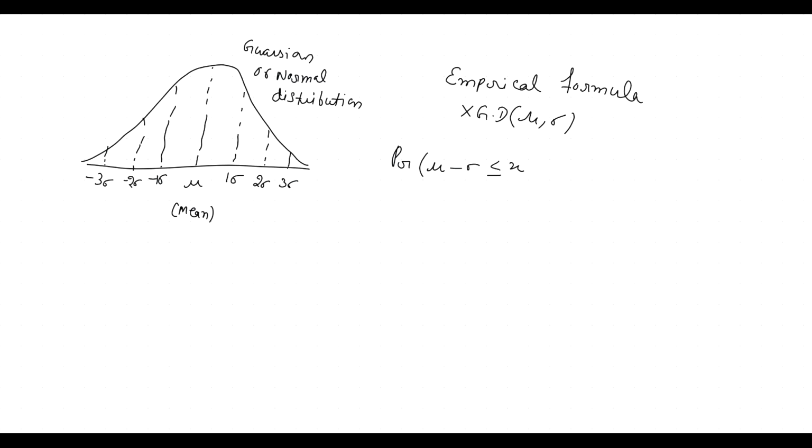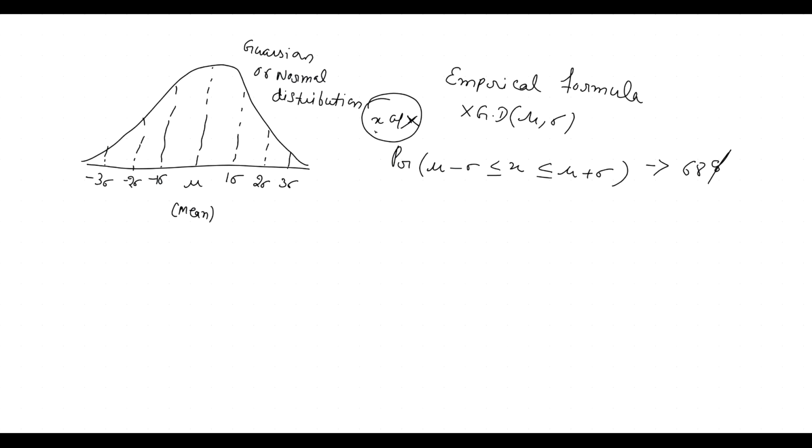What is X? This is any data point of your X random variable, right? Less than or equal to mu plus sigma. It is going to cover up 68% of the data distribution. This means this is going to be 68% of your total data points.